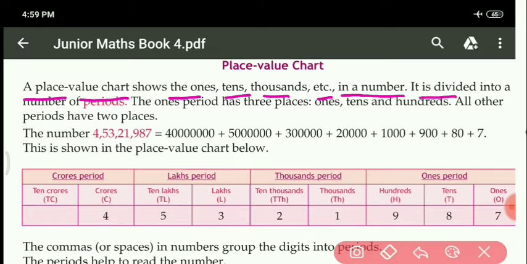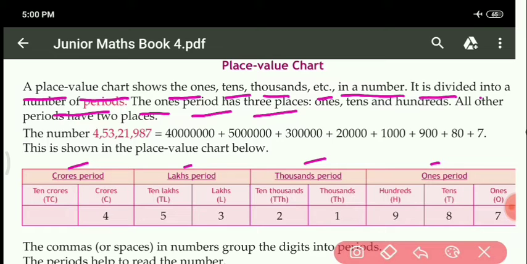It is divided into a number of periods. The ones period has 3 places. As you can see here, the place value chart shows the ones period, thousand period, lakhs period, and crores period.